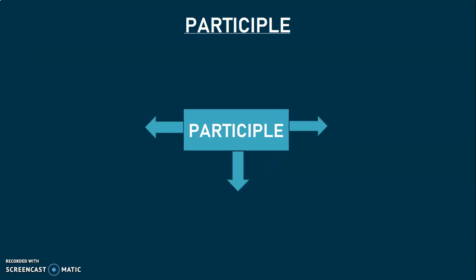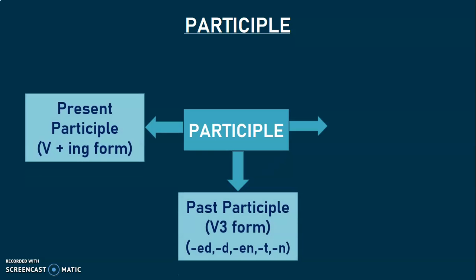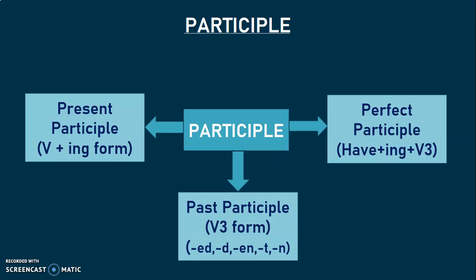Participles are of three types: present participle, past participle, and perfect participle. The first one, that is a present participle, is formed by adding ing with a root verb.